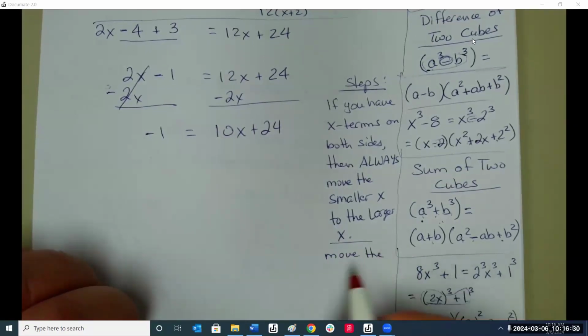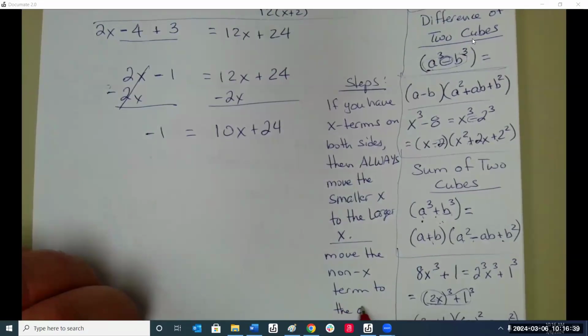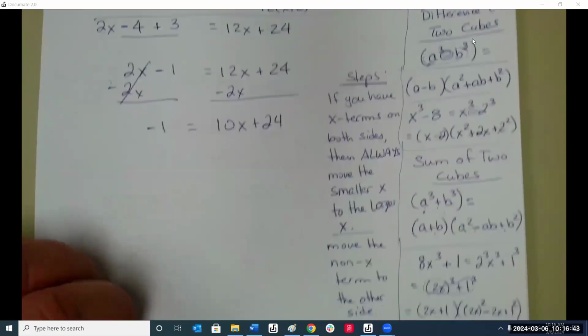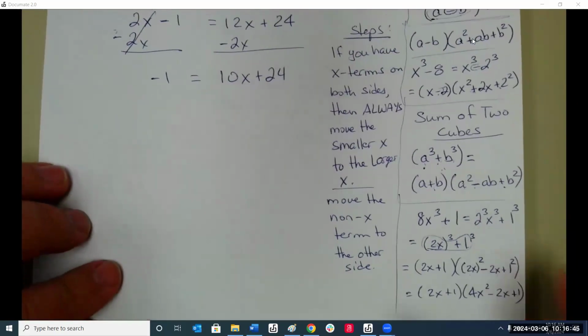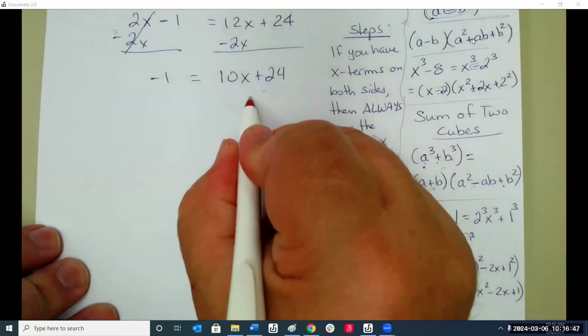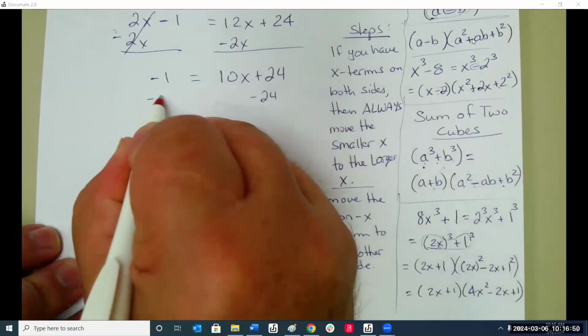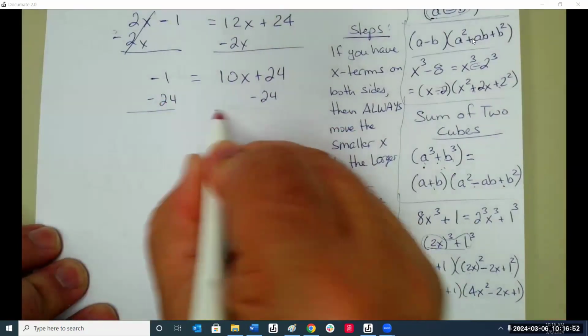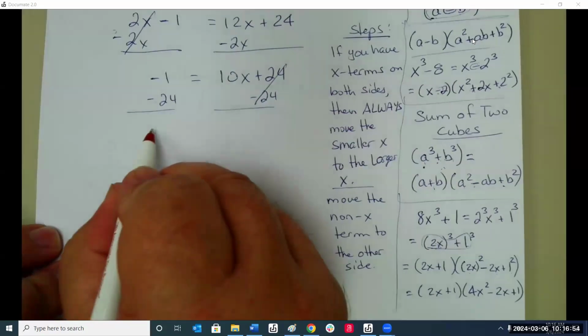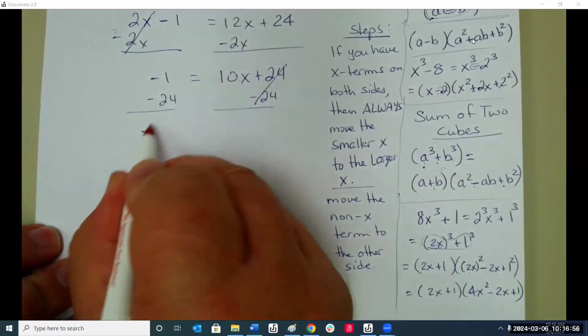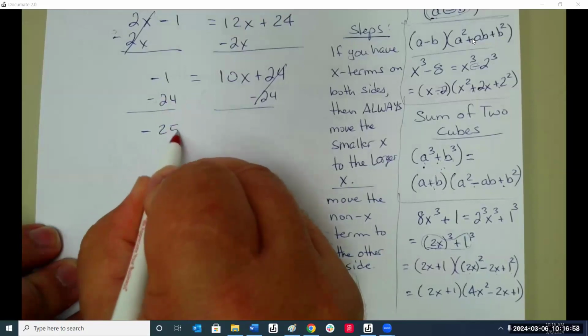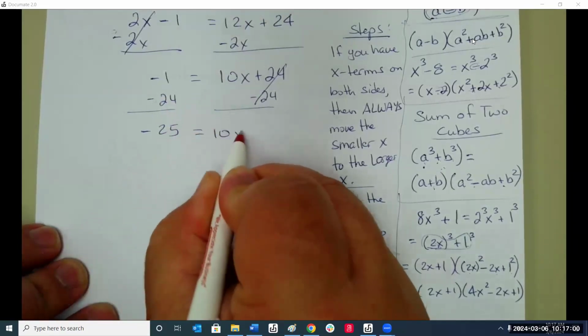Then move the non-x term to the other side. So let's get rid of 24. So we subtract 24 from both sides. They're both negative. 24 plus 1 is 25, equals 10x.